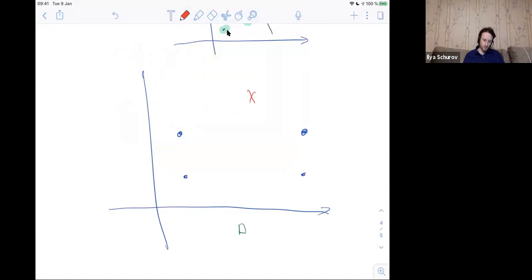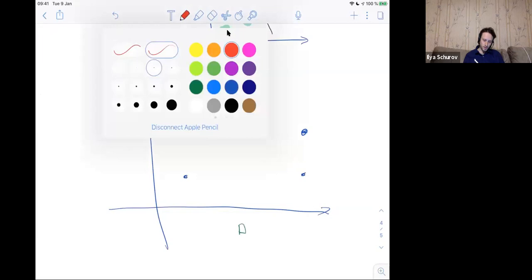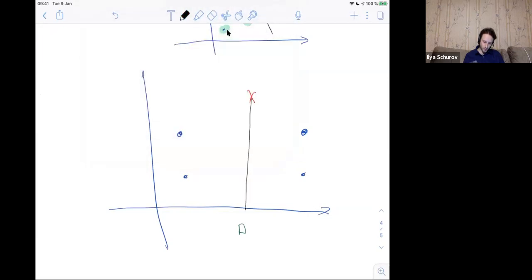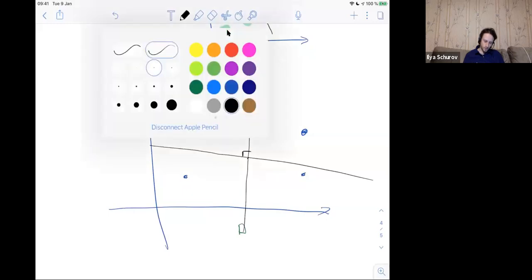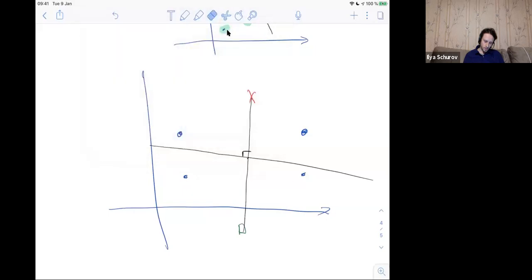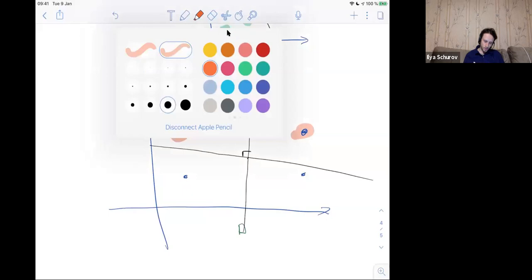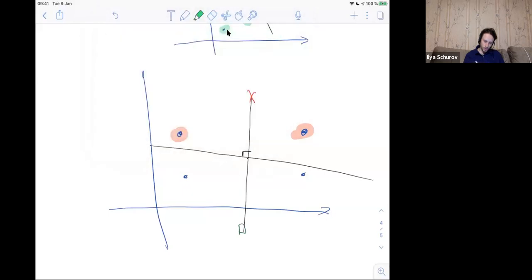Then my first assignment will be like this: I will put these 2 points to the red cluster, and these 2 points to the green cluster.